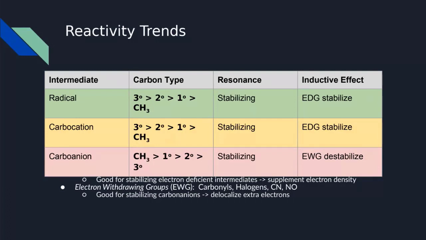So even though there is one electron on there, we are missing another, right? So we're going to see that radicals tend to follow the same reactivity trends as carbocations, which are when you have a positive charge on a carbon, versus carbanions. Radicals tend to want to be in a state where their electron deficiency is made up for by putting them on a tertiary carbon versus a secondary or primary, simply because being on a tertiary carbon means that there will be more electron density surrounding your radical.